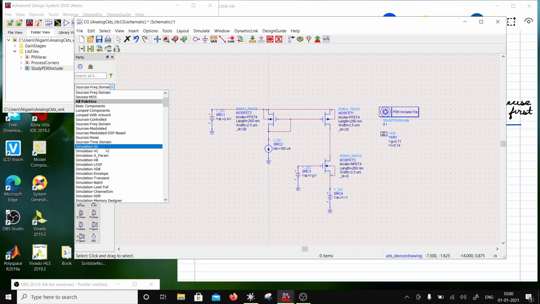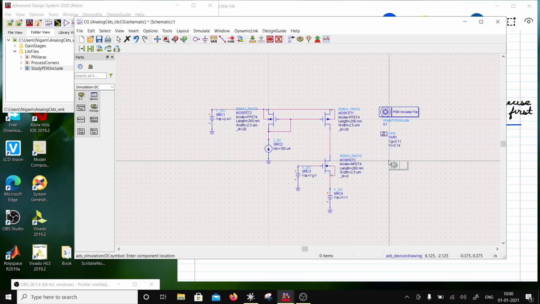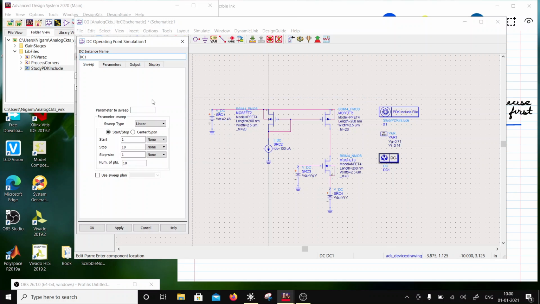So I'll go to simulation DC, and that's the DC simulation controller. Here I'm going to sweep VI from 0 to 2.4 volts, that is up to the supply voltage, and I want to look at the static characteristics of the amplifier, so as to find the bias point.